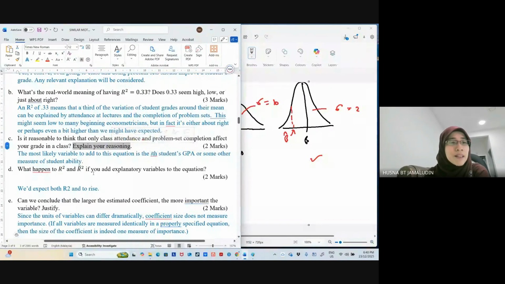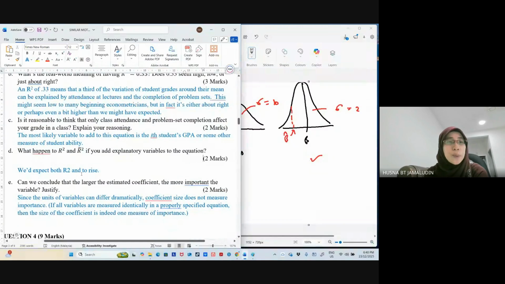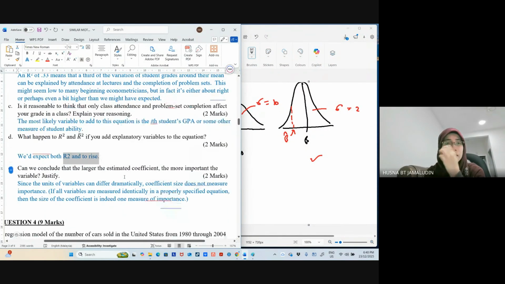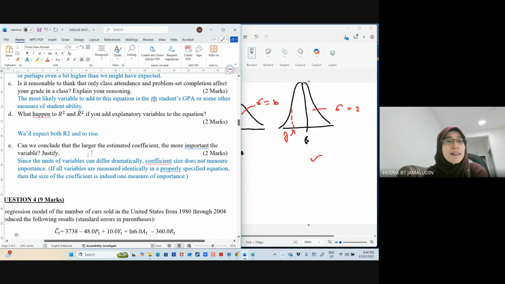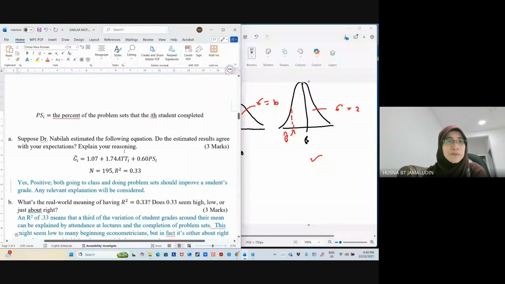What happens to R square and R bar square if you add an explanatory variable to the equation? This is very straightforward: when you add more variables, you expect both of them to increase. Next: can we conclude that the larger the estimated coefficient, the beta, the more important the variable? Let me go back to the equation.